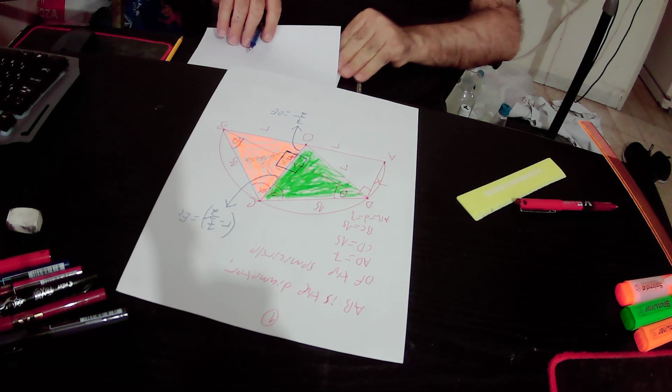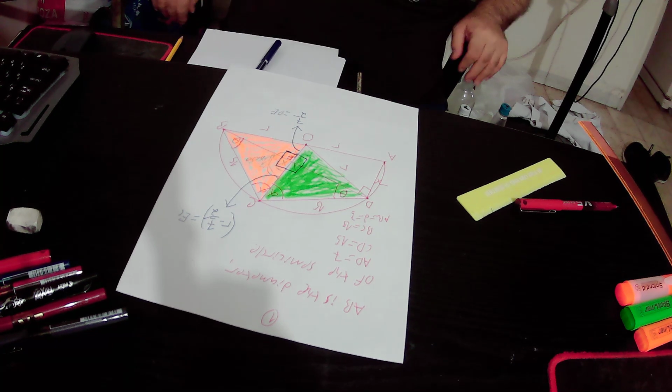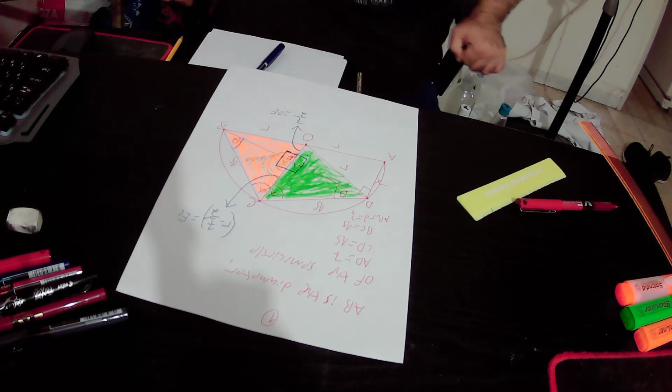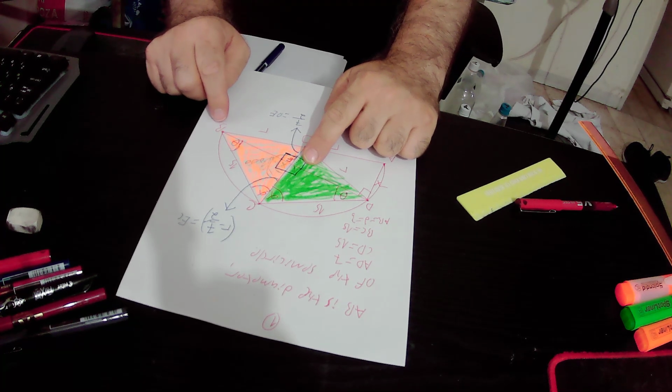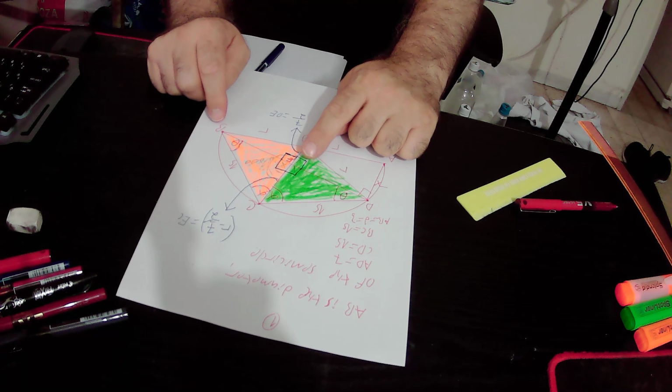And we also know that side EB is a common side. It belongs to both right triangles. Side EB belongs to the right triangle OEB, and side EB belongs also to the right triangle CEB.